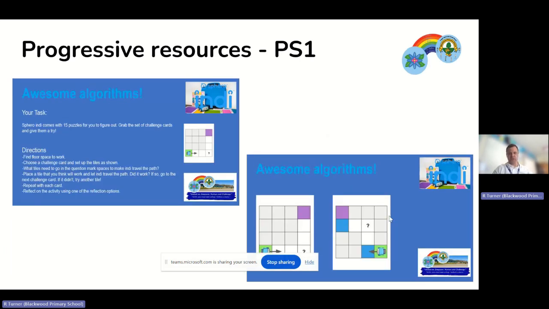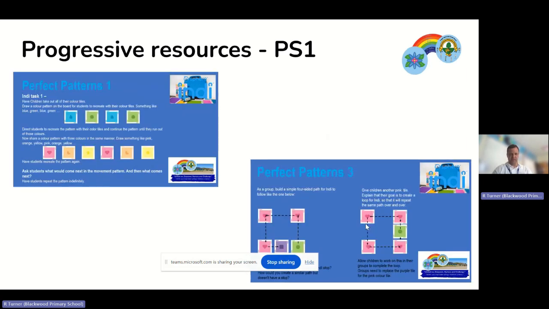And then we move on to awesome algorithms. The Sphero Indie comes with 15 puzzle cards in the pack, ready for children to explore. Children, as you can see in the bottom resource, work out what the missing instruction is as part of the sequence. And this builds and builds and becomes more difficult.